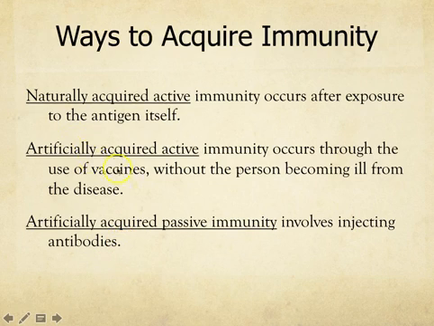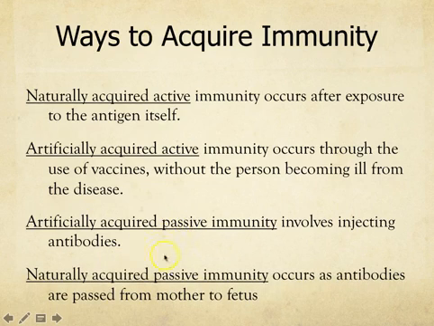Okay, the nice thing with the naturally acquired active and the artificially acquired active is that once you're exposed, you start producing it yourself, and there's a memory for it. With the artificially acquired passive, there is no memory for that. Basically, once those antibodies get broken down in your body, you're not producing anymore. And there's naturally acquired passive. So basically, this is when antibodies are passed from mother to fetus.